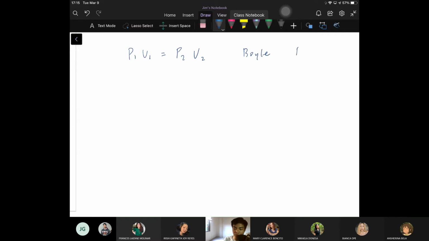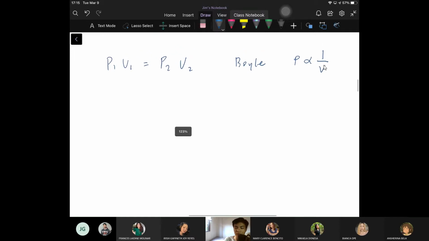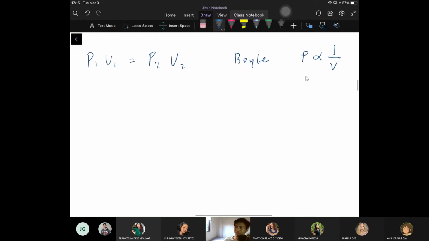So, sabi niya that pressure is inversely proportional to the volume. Pag nasa numerator yung isa, nasa denominator yung isa, inverse yun. Okay? So, they are inversely proportional. Ibig sabihin, pag tumaas yung pressure, bababa yung volume. Pag tumaas yung volume, bababa yung pressure.